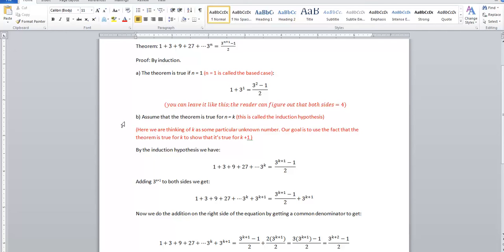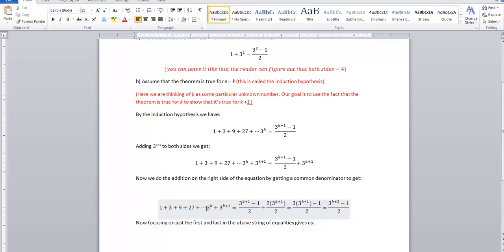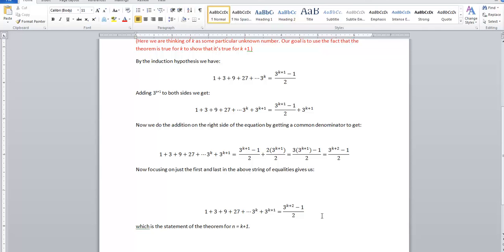So we're just writing down what the theorem says if n happens to be the number k. And your goal, let's peek ahead, is to get down to the theorem for n equals k plus 1. Replace all the n's by k plus 1's, and it looks like this.